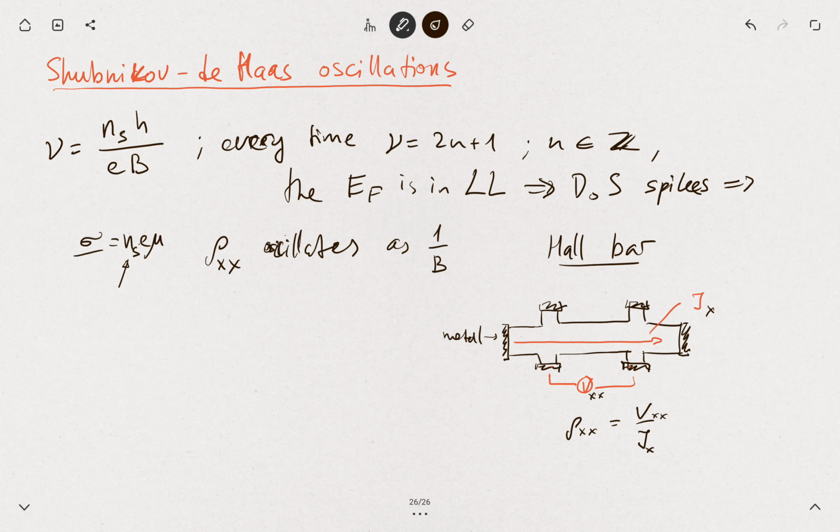Because of the magnetic field and the cyclotron motion, the conductivity and the resistivity are tensors, and they have 4 components. So you will have sigma xx, sigma xy, sigma yx, and sigma yy.